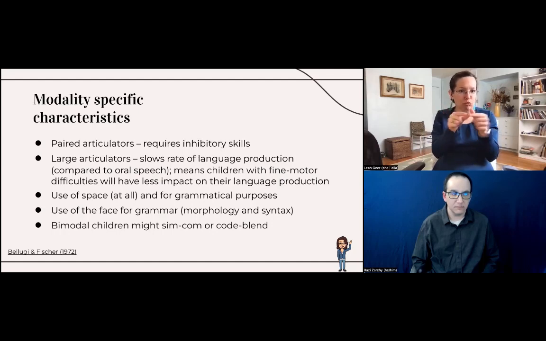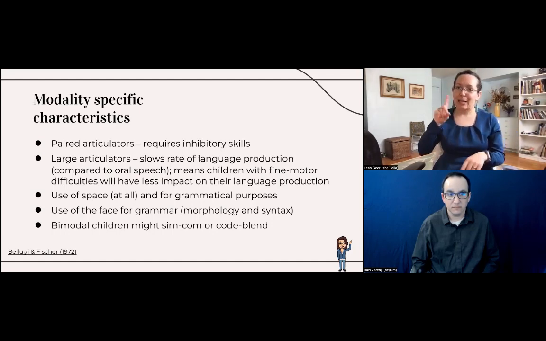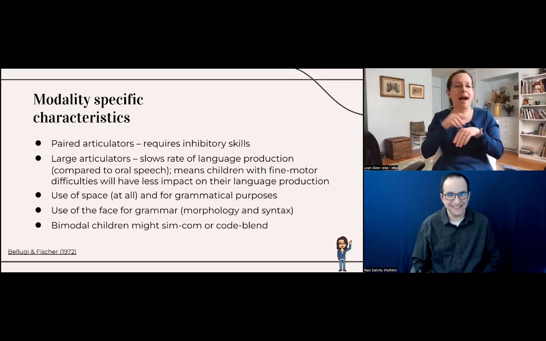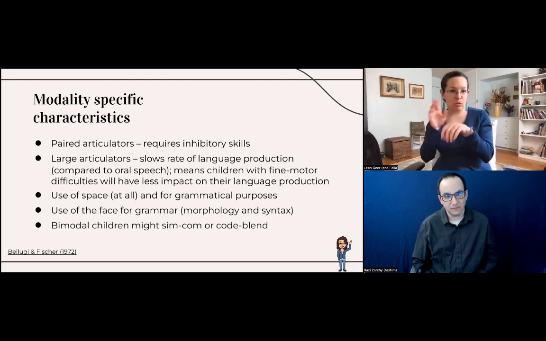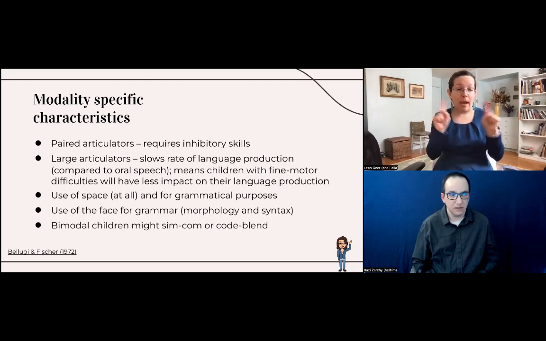How we use space in the development of more complex sentences also has a grammatical function. Some of you may have noticed that for this presentation, and I do mean this presentation, not the preceding class that we co-taught, Razi, I have established on the left side of my signing space my reference to oral languages, whereas anytime I talk about signed languages, I'm putting it on the right side of my body.